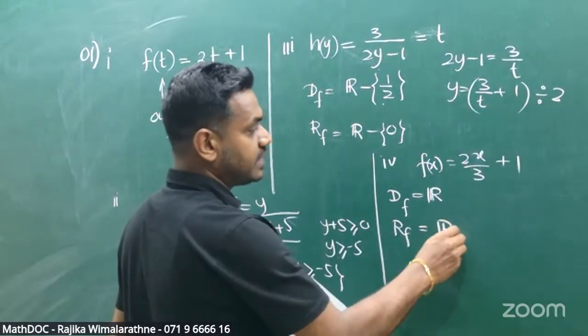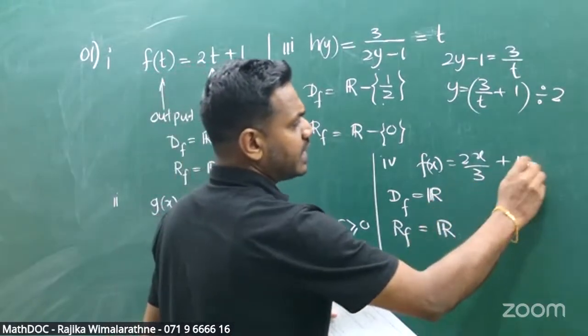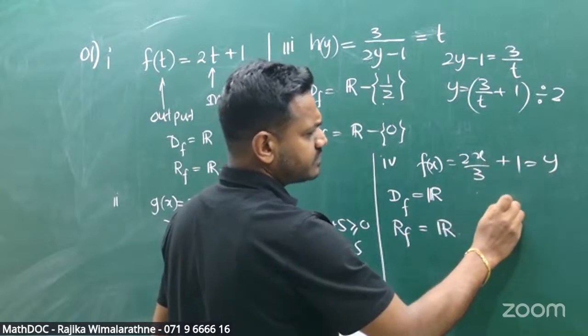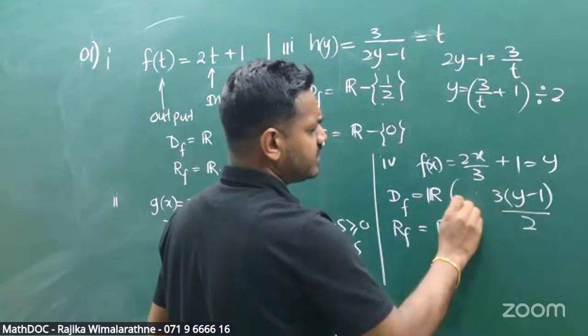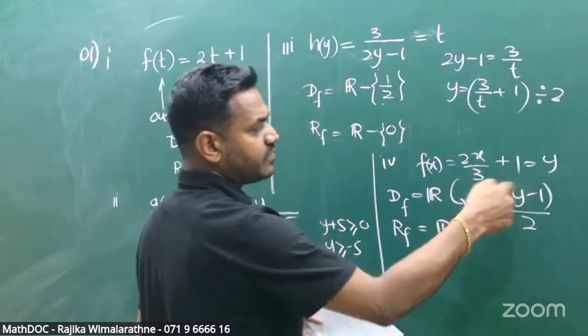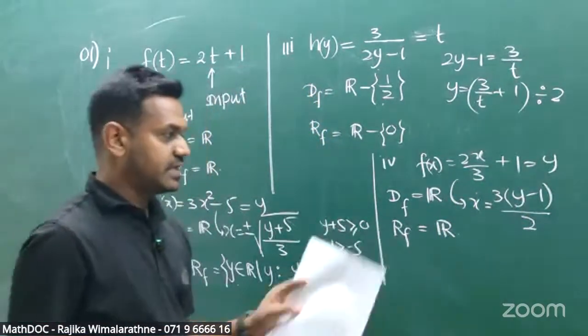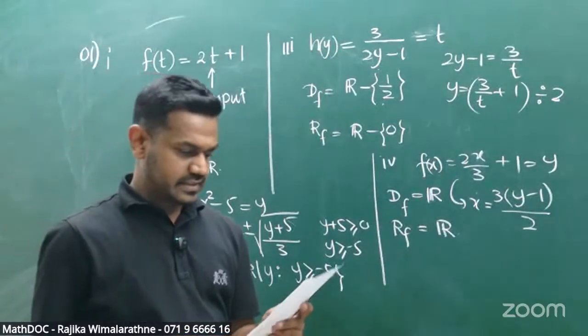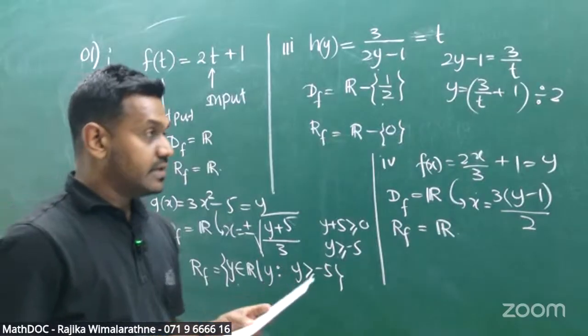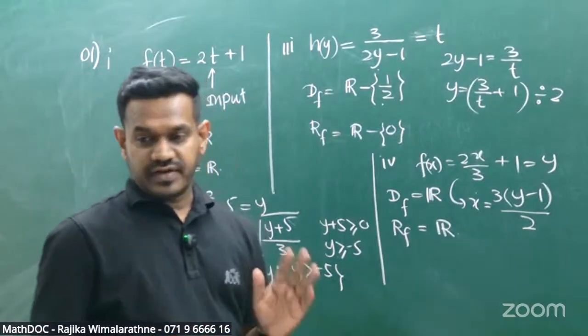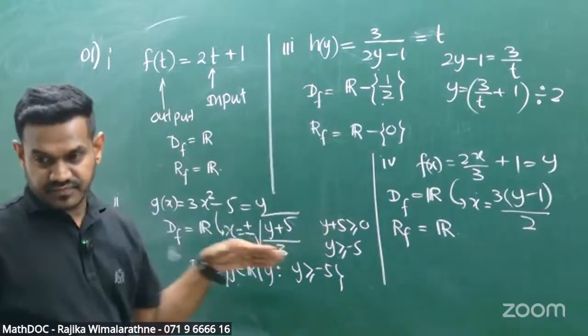So you take y, make x the subject, then (y minus 1) times 3 divided by 2 is x. Then all y values are possible. Then the range is the real set. That is question number 4. Okay. If you have any doubt, you just do it with me.